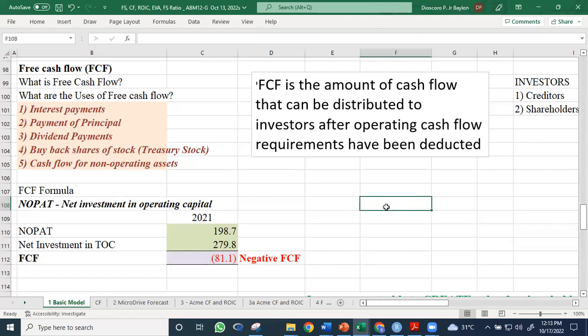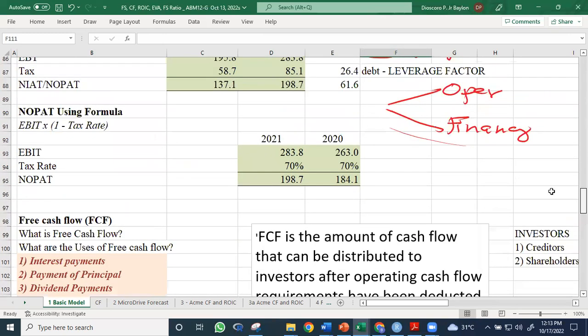So as to the question, is a negative free cash flow bad for the company? The answer is it depends. So hindi yan yes kagad. It depends what was causing the negative free cash flow. Okay? Kasi di ba sabi natin dalawa yung source, yung NOPAT at investment in TOC. Let's suppose a NOPAT was okay. In this case, positive naman yung NOPAT natin, 198.7.